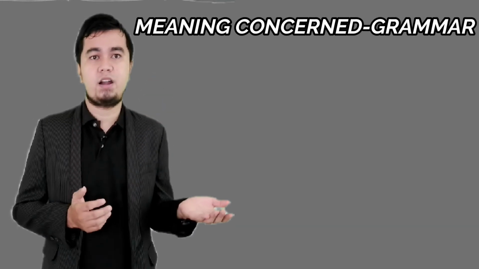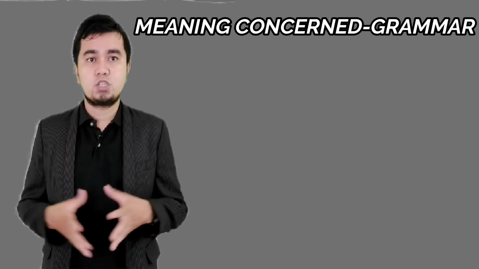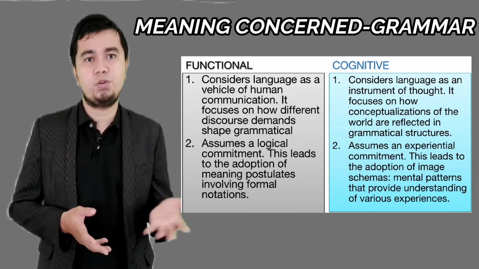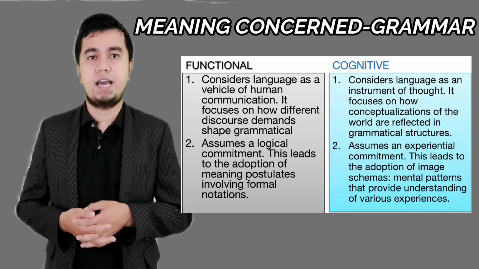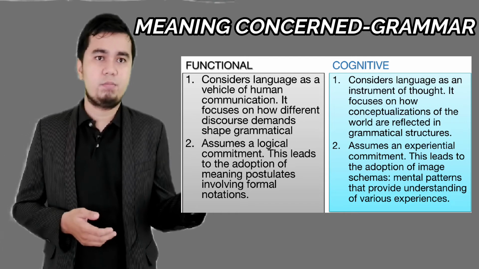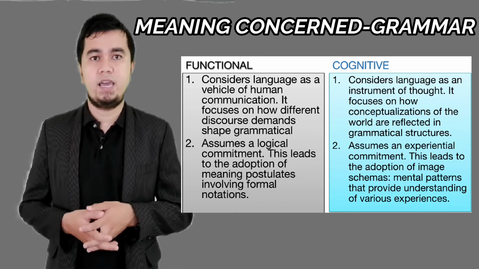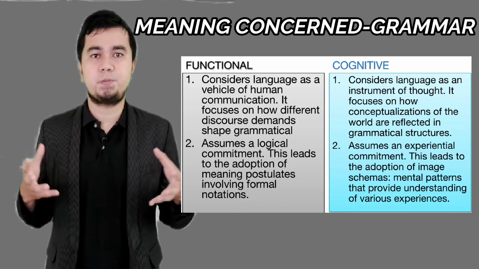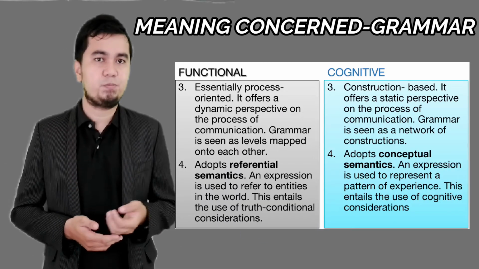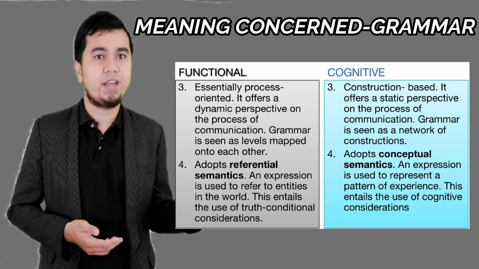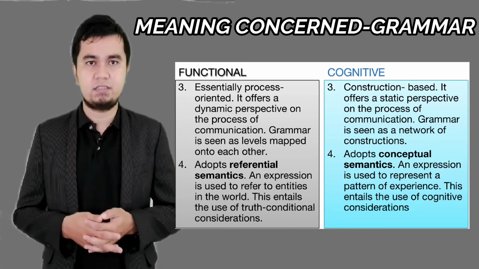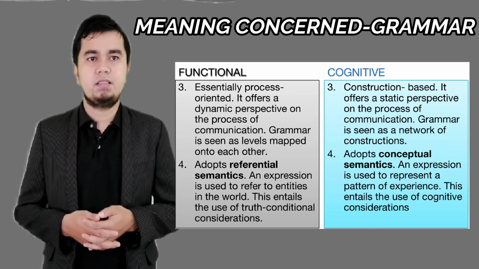Now we have here also the comparing and contrasting of our meaning-concerned grammars. We have the functional grammar and the cognitive grammar. On the functional grammar, we consider it as a vehicle of human communication. On the other side, we consider it as an instrument of thought. Functional grammar assumes logical commitment, while cognitive grammar assumes experiential commitment. Functional grammar is process-oriented, but cognitive is a construction-based grammar.